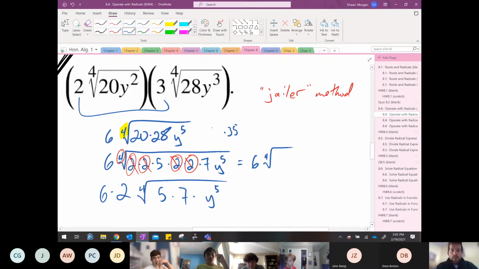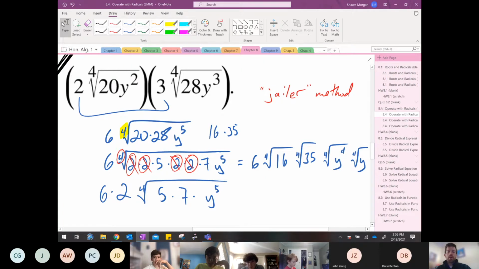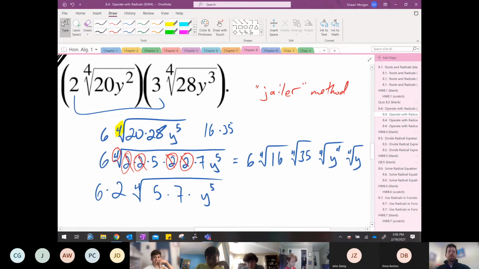That's 2 times 2 times 2 times 2. 16, and then 4th root of 35, 4th root of y to the 4th, and then 4th root of y. So a little bit more of an efficient approach would be to pull out those perfect factors anyway, but you can do it however you like.